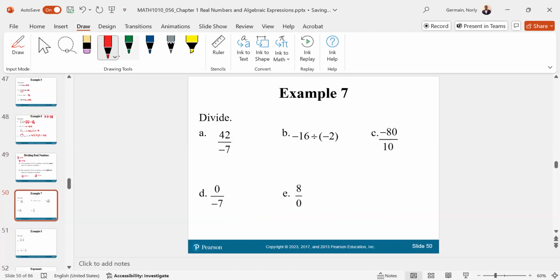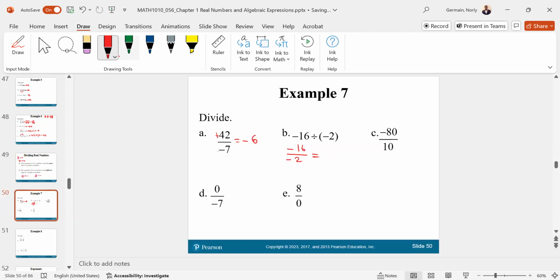Let's see some examples to better understand what we mean. Here, positive, negative, we know -42 divided by 7 would be simply a negative number. Here, we can say it's the same thing writing -16 over -2.